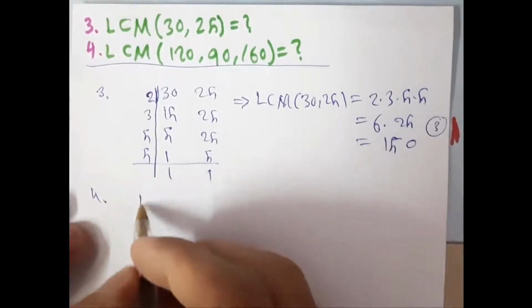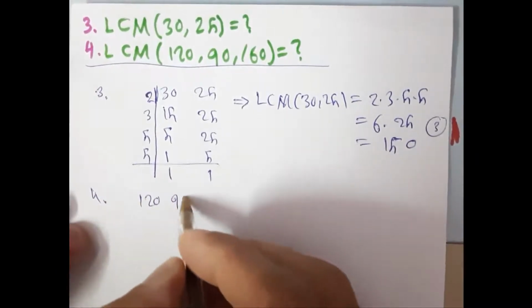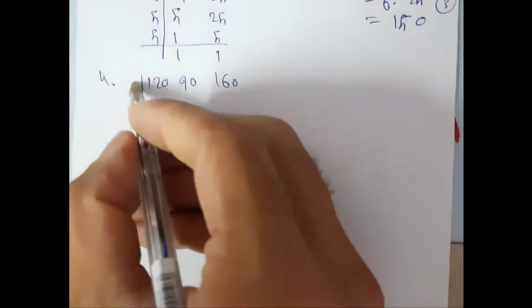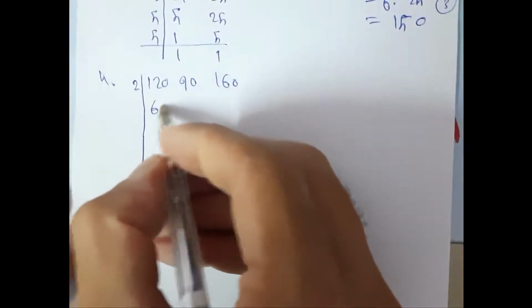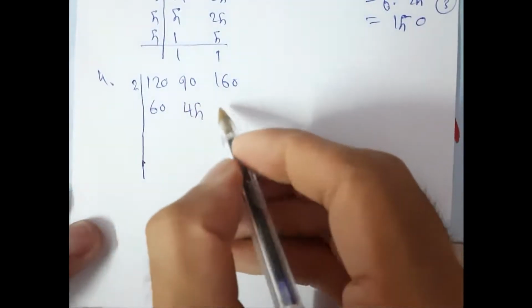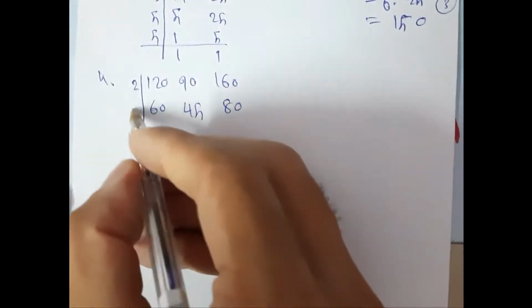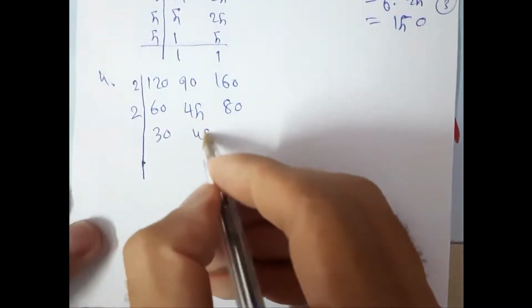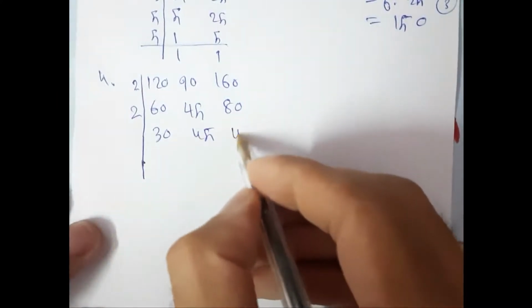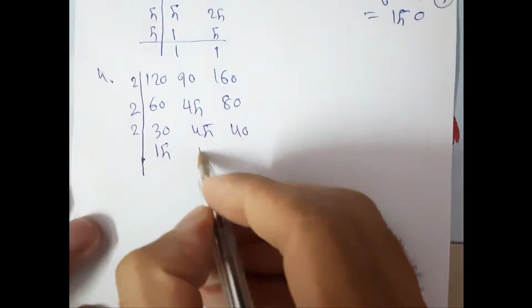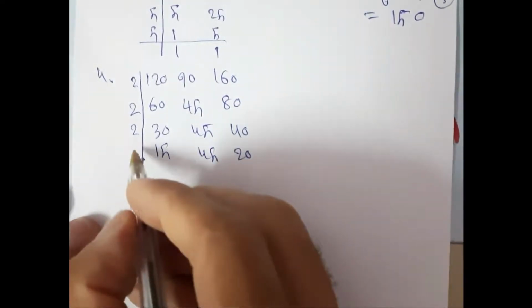Number 4, we have 120, 90, 160. We consider these numbers. All of them are divisible by 2. 120 divided by 2, 60. 90 divided by 2, 45. 160 divided by 2, 80. Also divided by 2, 30. 60 divided by 2, 30. 45 is not divisible. 40 by 2, 15, 45, 20.